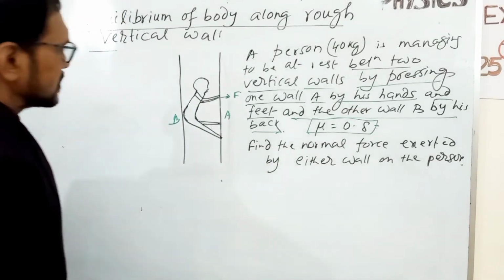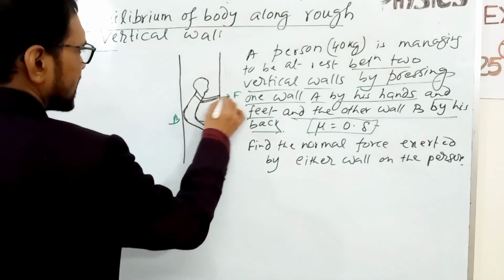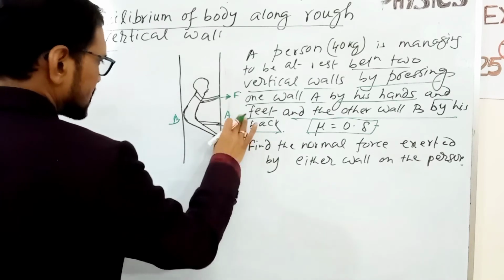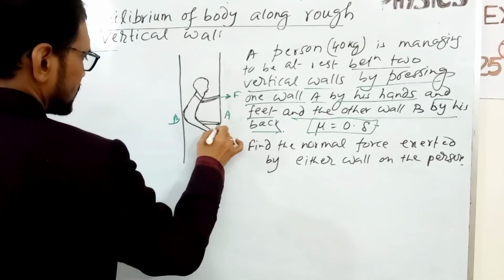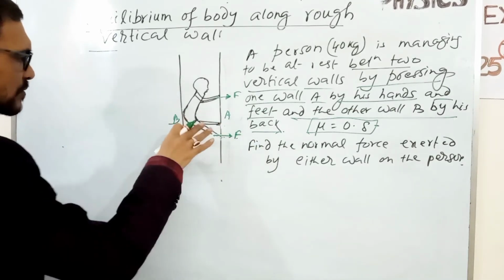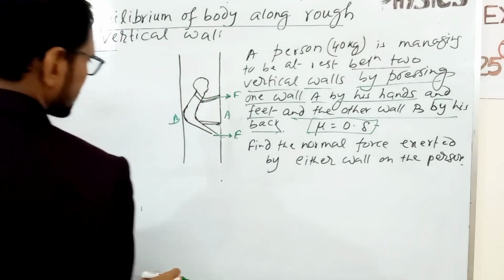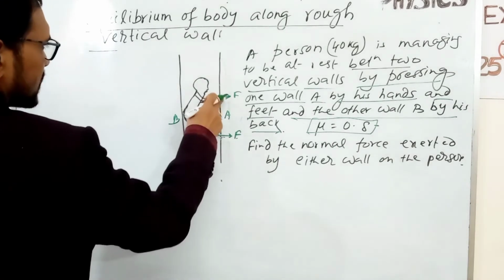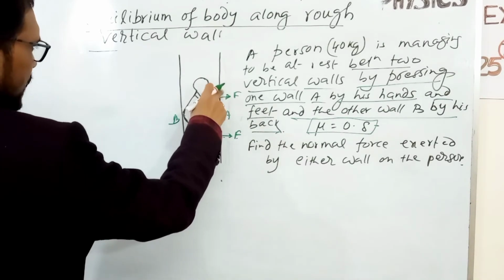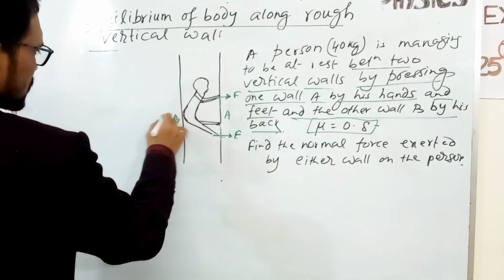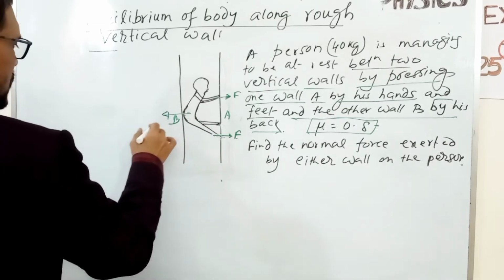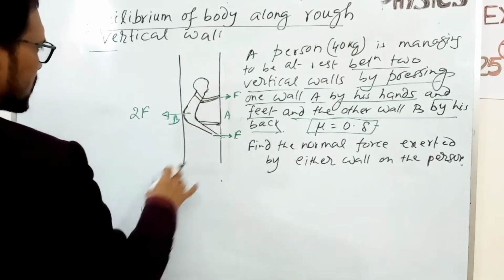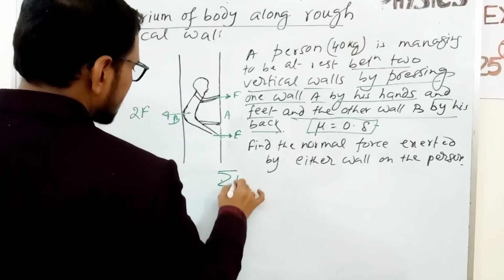Simple solution. If the force is F here, then by the feet it is F by 2 each, and the two feet together give F. So the total force applied by his feet and hands together is F, and the force applied by his back towards the wall will be 2F, such that in the horizontal direction the net force is 0.